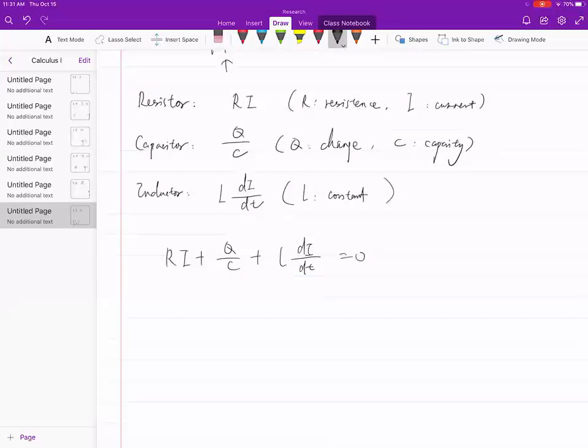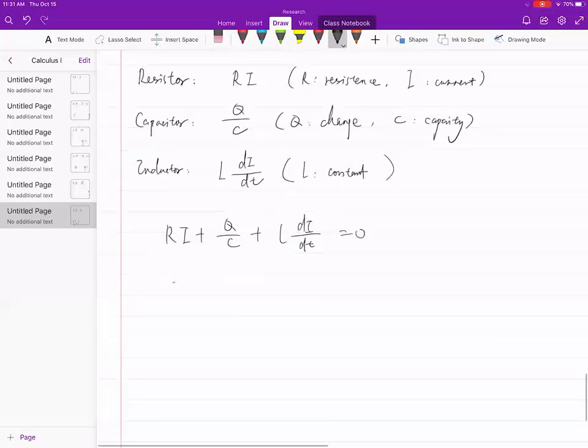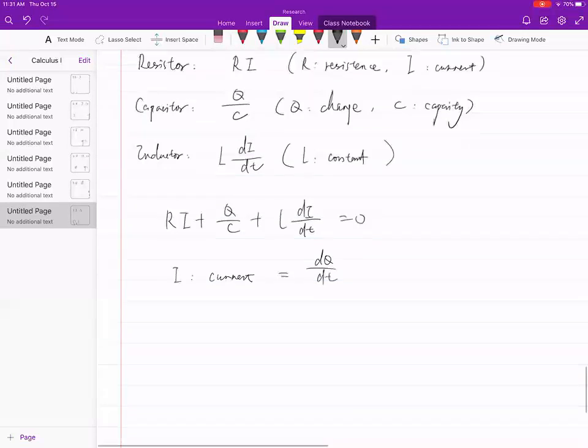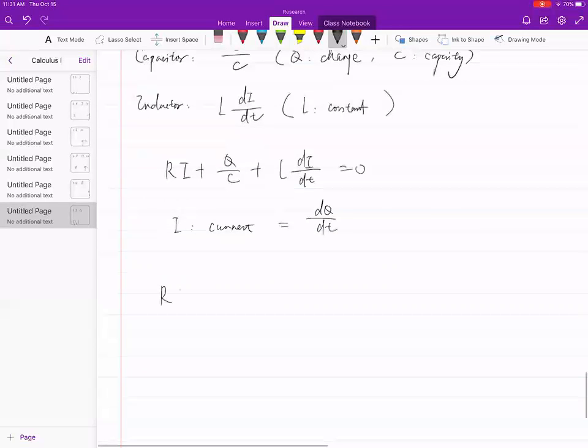Moreover, which is very important, I, which is the current, actually equals the changing rate of the charge. That's the definition of current. Sounds good? Now let's put it in. Whenever you see an I, you replace it by Q prime.